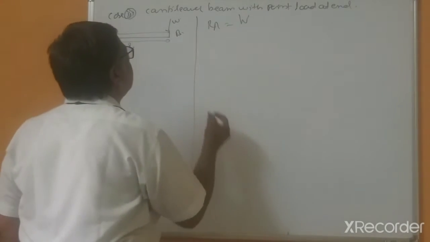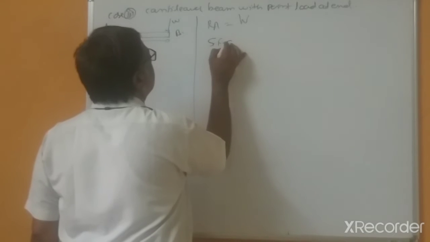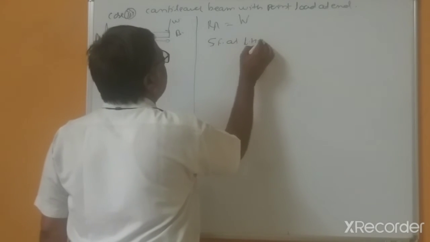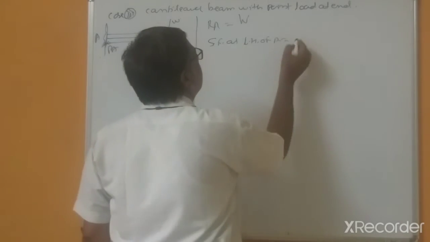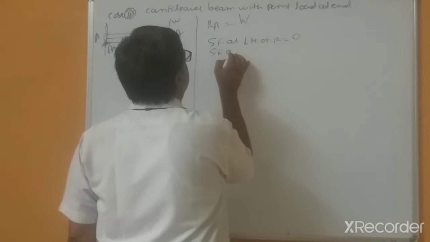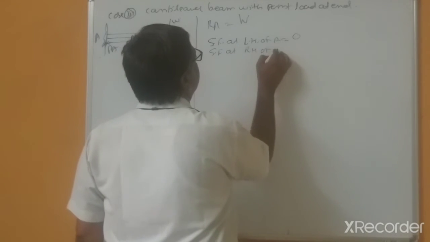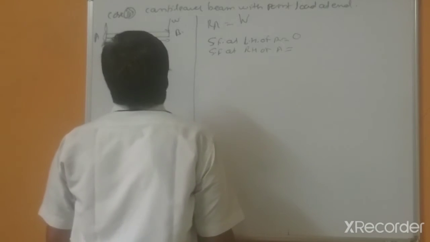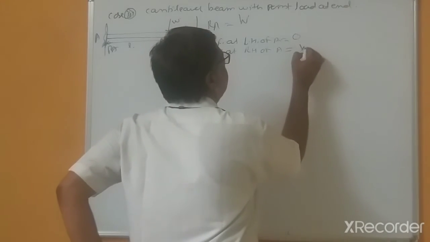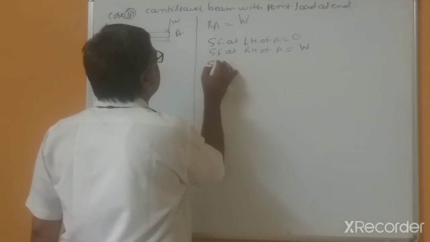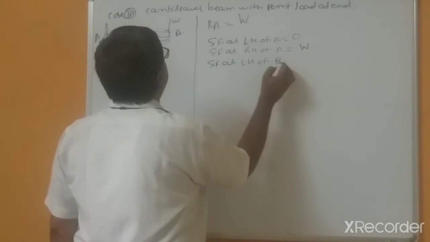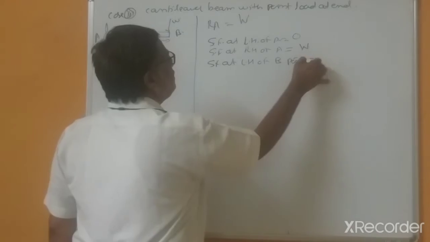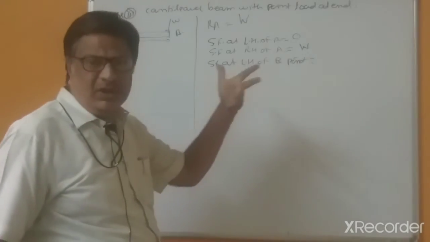Now shear force at left hand side of A point equals 0, and shear force at right hand side of A equals W. Right? Shear force at left hand side of B point equals W because there is no other force.